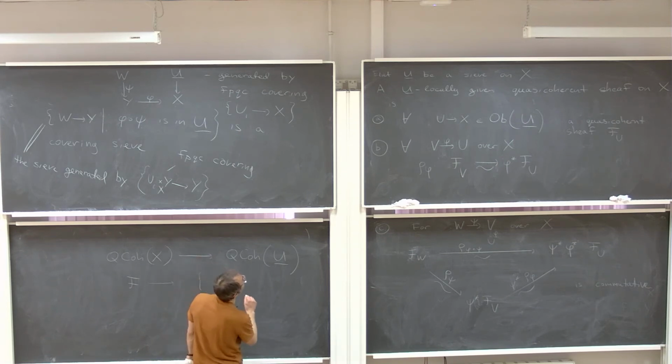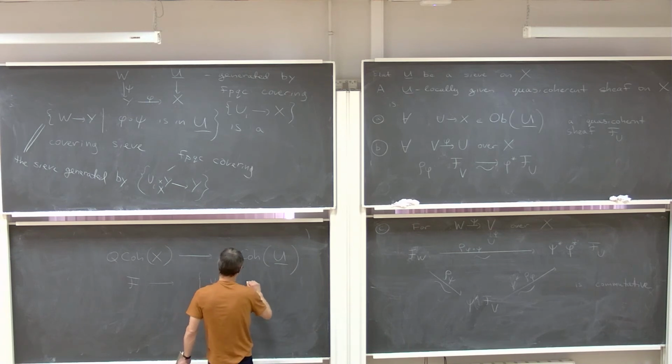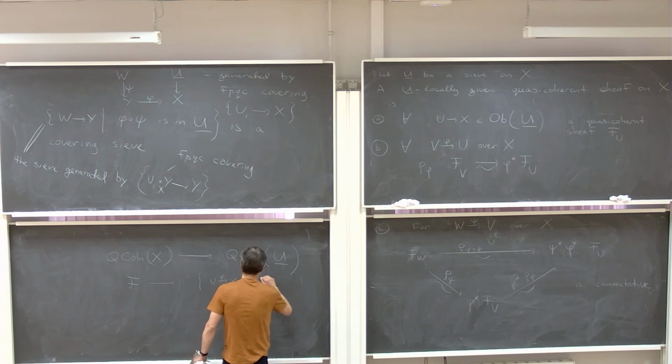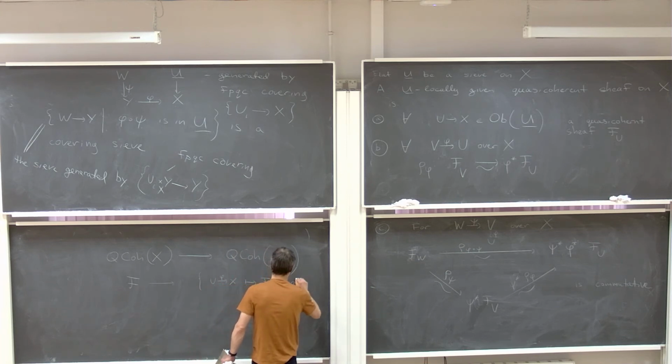For every U mapping to X, it assigns F_U, which is phi upper star of F, right?